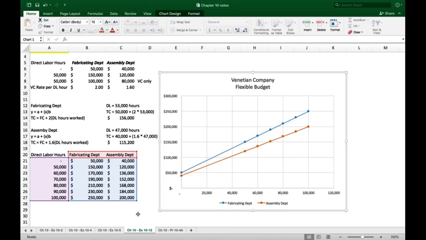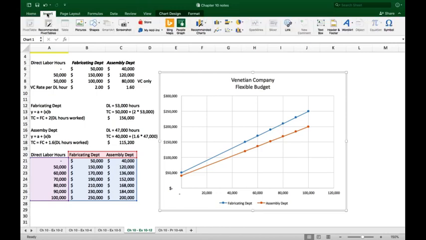I've done it together. You can do it individually or you can do it together. So all I had to do was highlight this portion over here, and you can go to insert, and you can go to graphs.